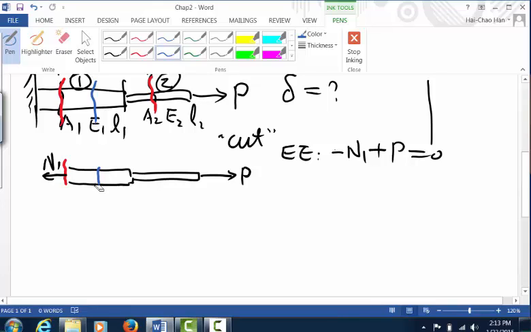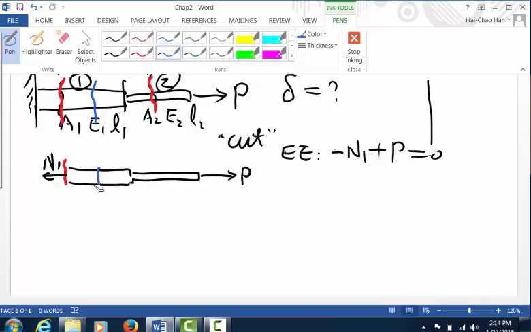You still write the same equation. So your force will be the same, right? In other words, for this uniform segment it really doesn't matter where you actually make the cut. Therefore, you can make it anywhere in between this segment. So here's my recommendation: always make a cut in the middle. It's just easier to draw, okay?